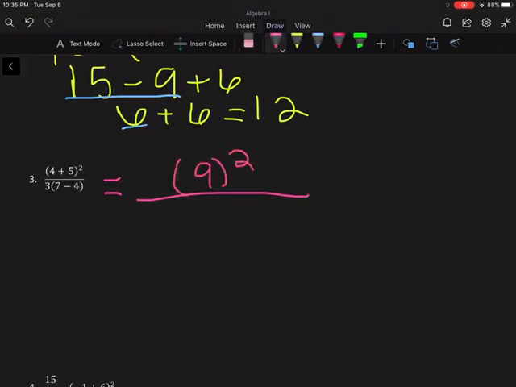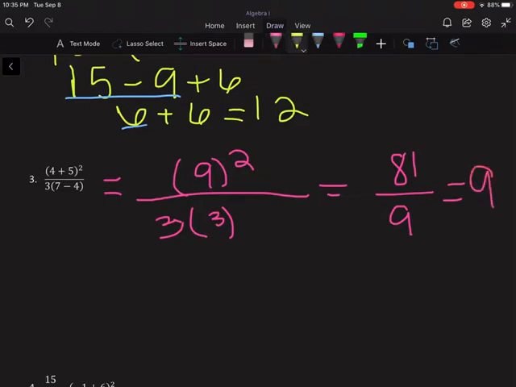So I have 9 squared, and I have 3 times 3, which is equal to 9 squared is 81. And 3 times 3 is 9. And then divide. 81 divided by 9 is 9.